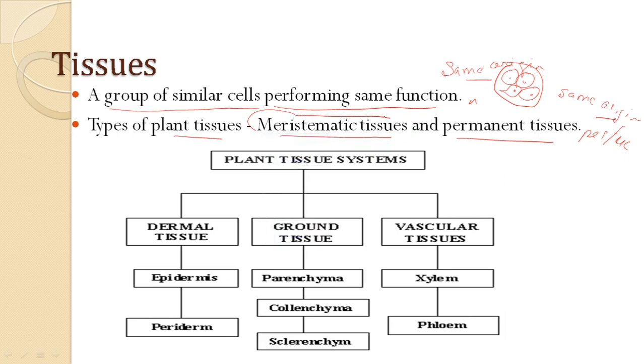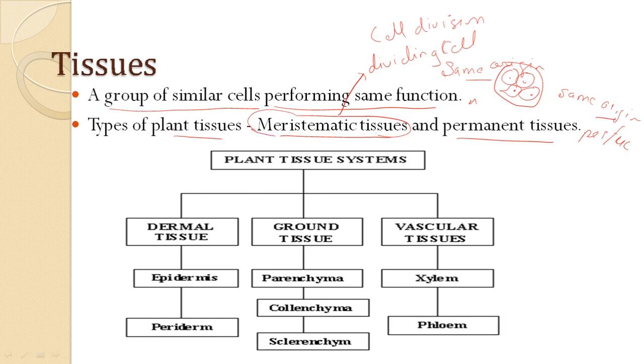So cell division takes place in the meristematic tissue. All the growth seen in the plant is due to the presence of meristematic tissue.